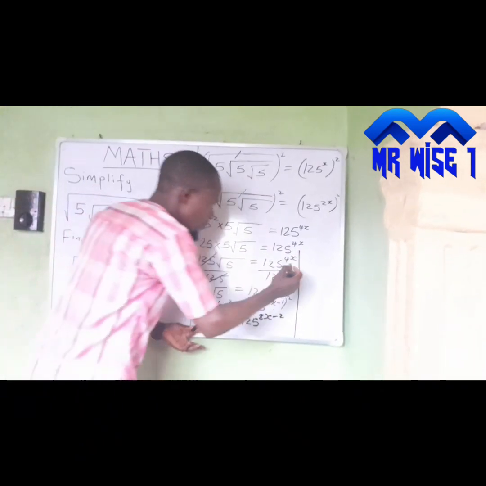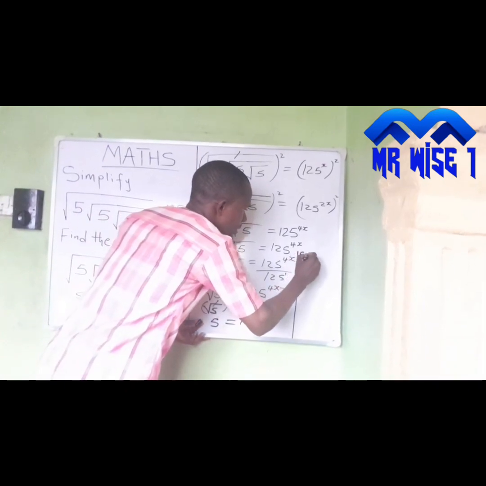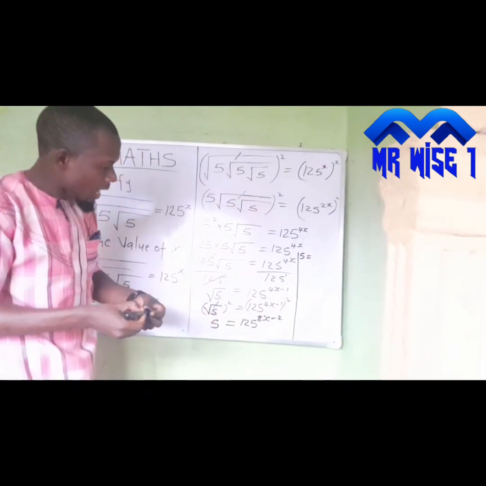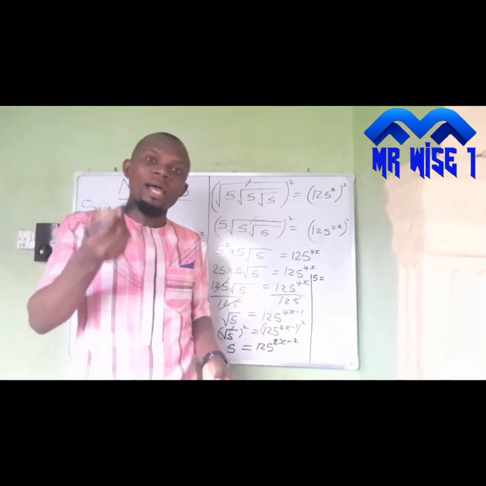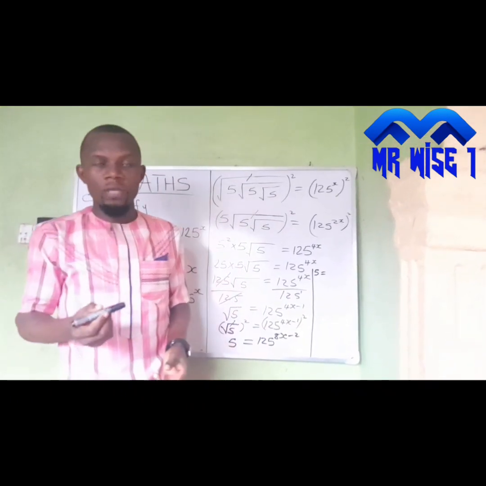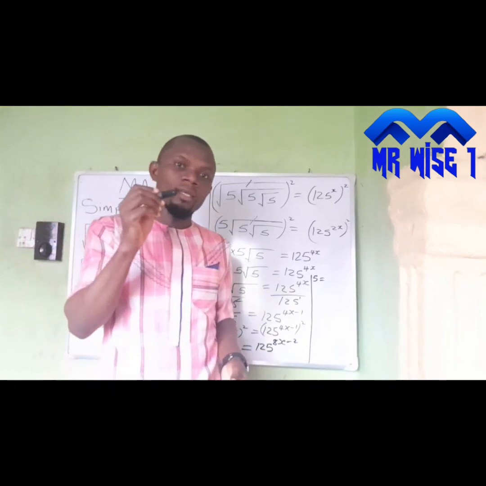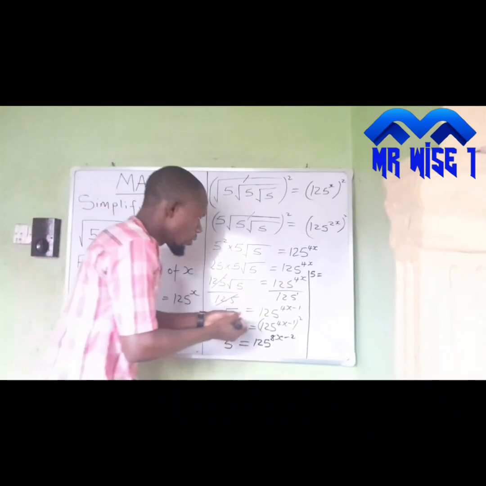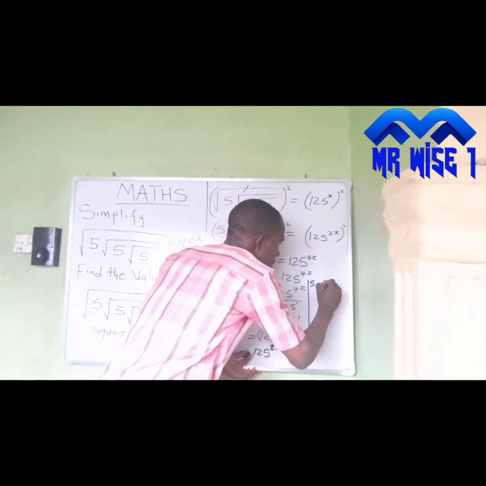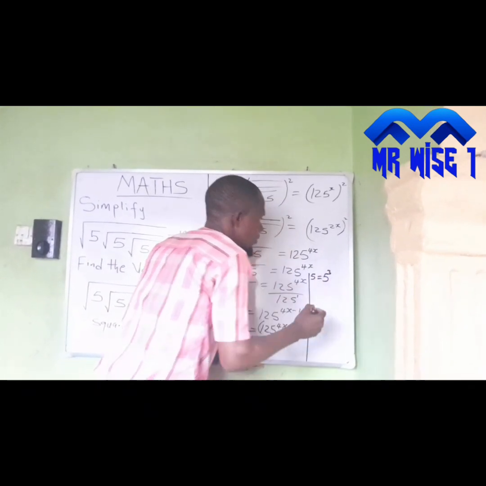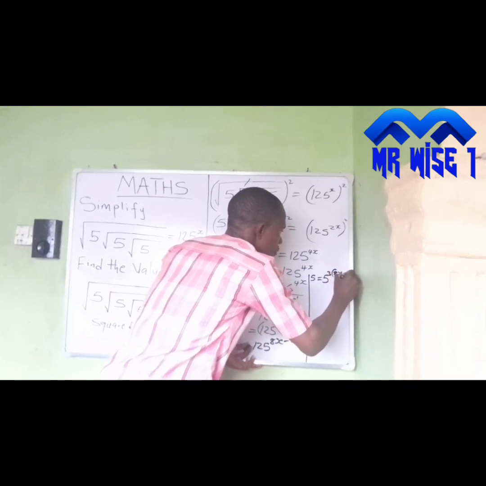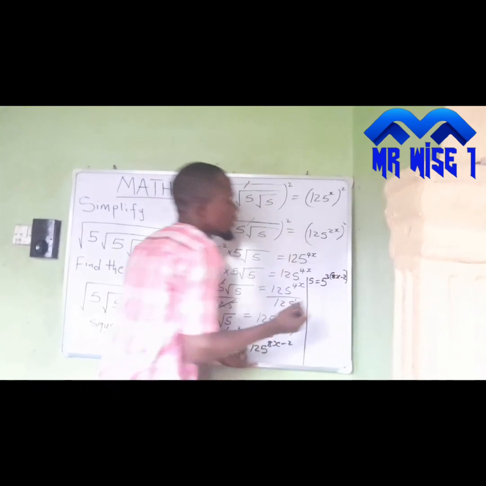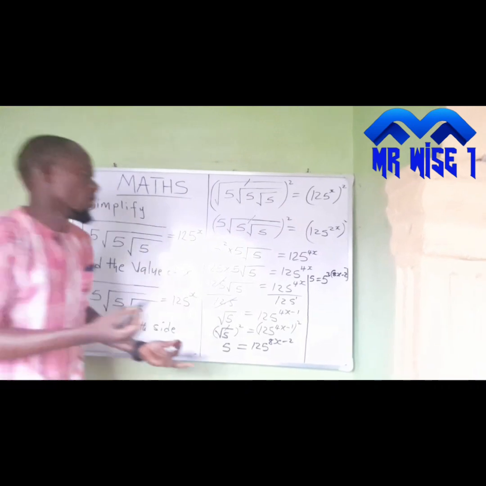So I now have 5 is equal to, what will I multiply 5 by to give me 125? If you check, 5 raised to the power of 3 is 125. So I now have 5 raised to the power of 3, open brackets, 8x minus 2, close.